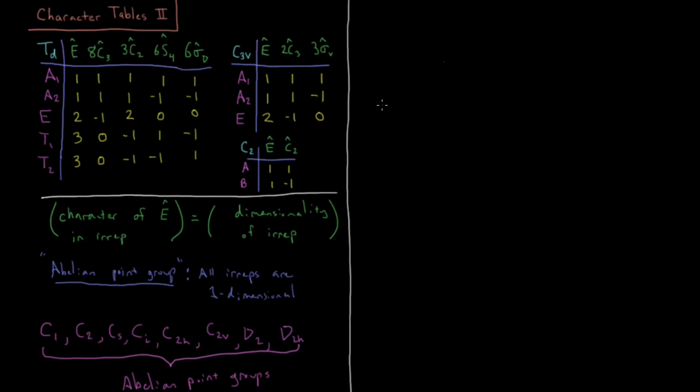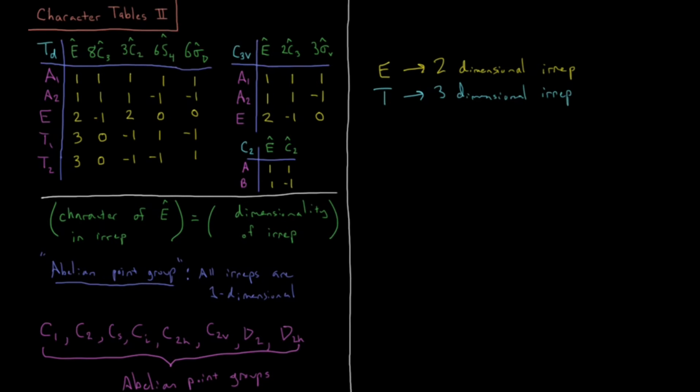The new things that we have in this video are E, which is a 2-dimensional irrep. E can also have the same types of subscripts as A and B can have. It can be 1 or 2, G or U, prime, double prime, etc. All those same types of things apply to E. Similarly, we have T, which is a 3-dimensional irrep.